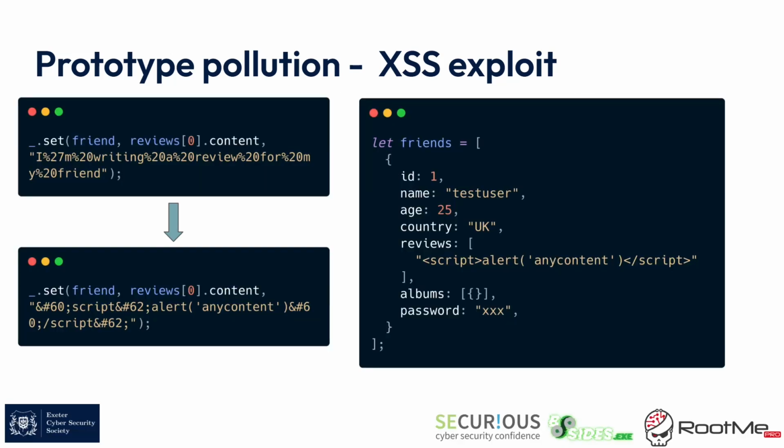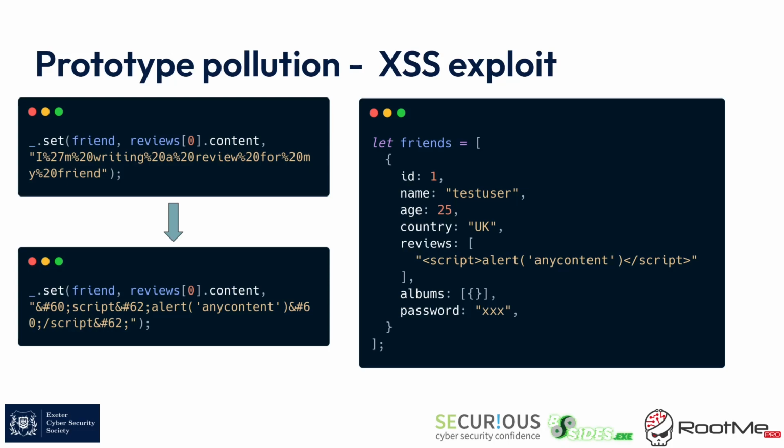So this is what the friends array would look like if I pass in this payload. Essentially, I'm going into the friends array, into this object, and then in the reviews, the payload will look at reviews and the first item in reviews, and then it will set that property to be script alert any content.